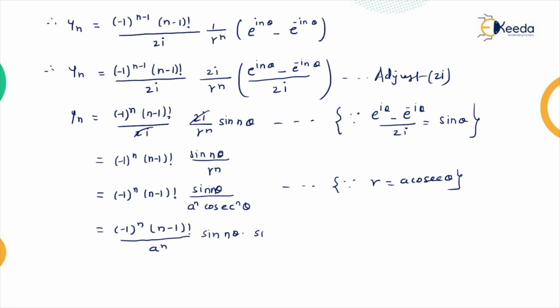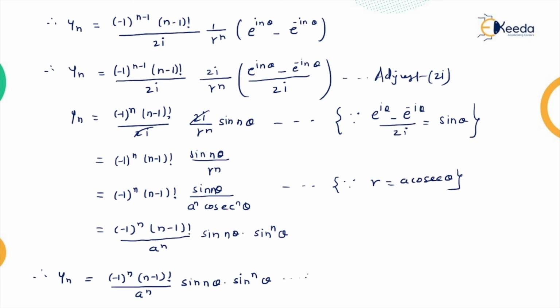So that's why I'm writing here sine^n theta, and that is your answer. So therefore yn is equal to (-1)^n into (n-1) factorial divided by a^n, into sine n theta into sine^n theta.